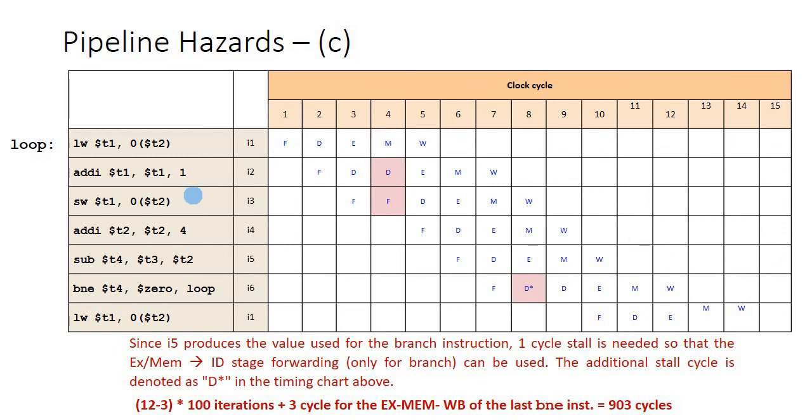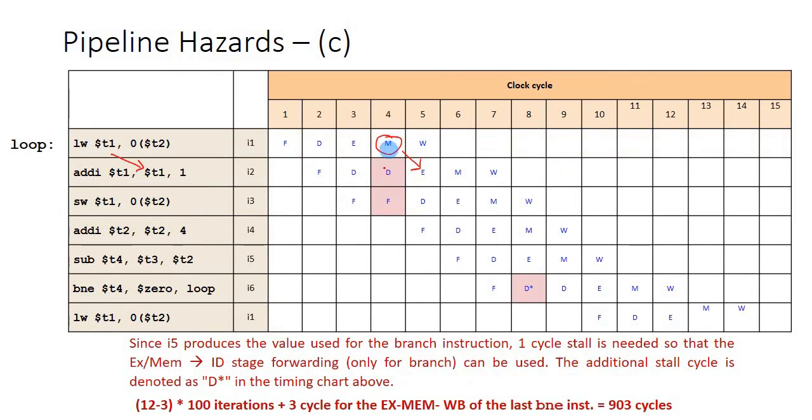So the first part is actually exactly the same as part B, because since we have full forwarding, there is a stall over here at the mem stage, but from here I'll forward to the exe stage, so the T1 gets forwarded here after I read from the memory.